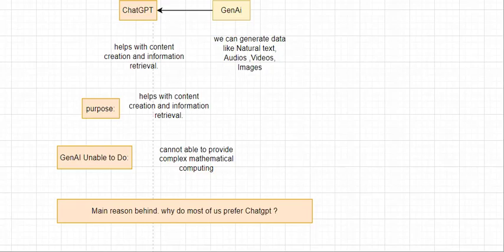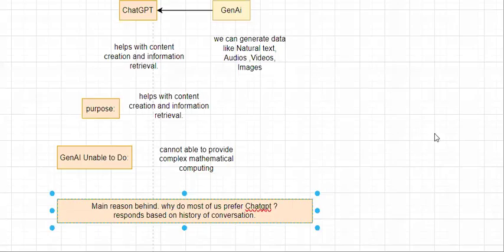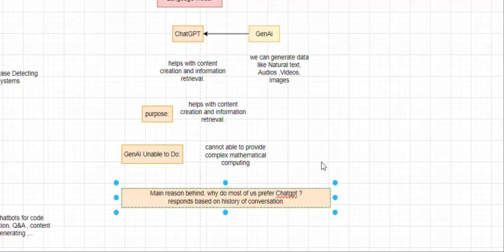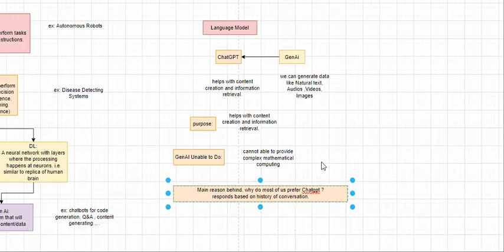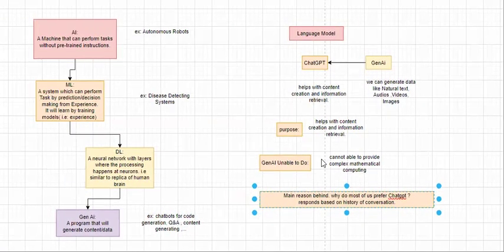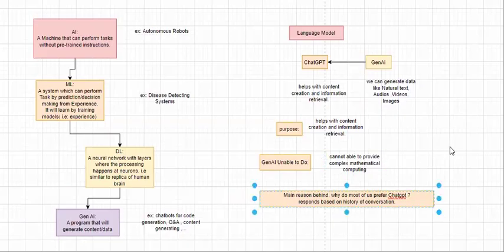So that's why, since ChatGPT is providing the response based on the history, it is that much adaptable in real time. That's the reason it became easily and quickly adaptable to many users compared to other AI models.